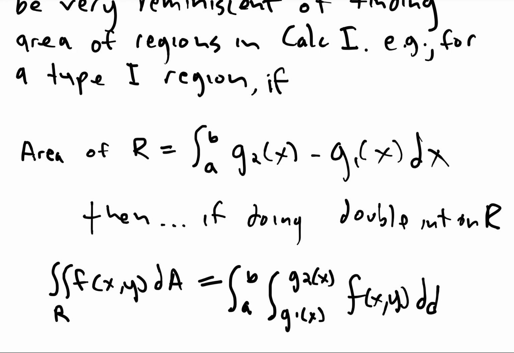Since this guy's type 1, we would be integrating with respect to y first and x second. If it was type 2, we'd be doing this the other way around.